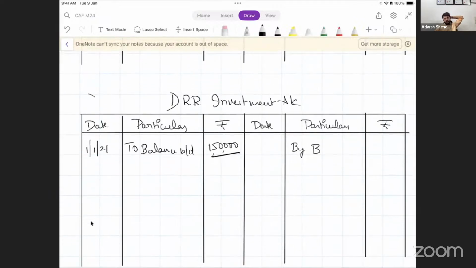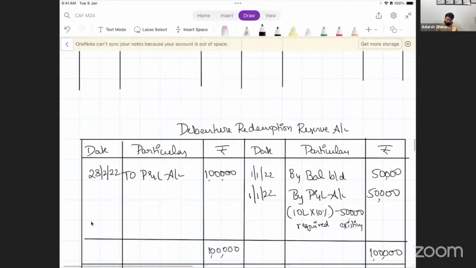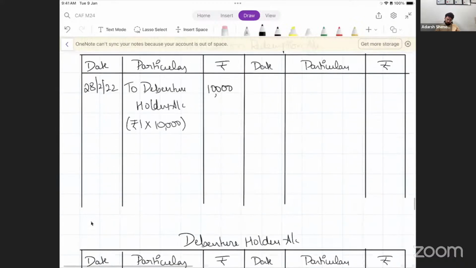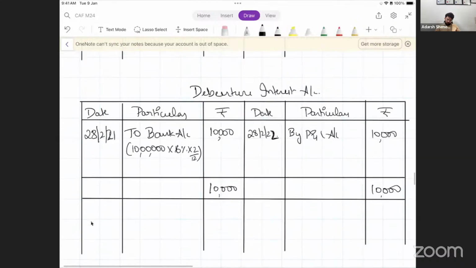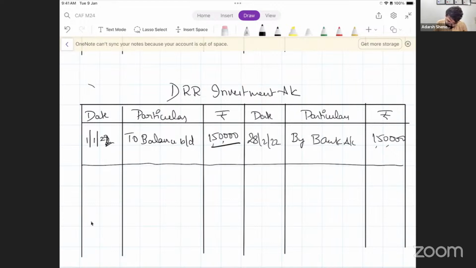Next I have to sell off the investments. The entry to sell off the investments is bank account debit to DRR investment account. So DRR investment will be credited 1,50,000. 1122, right? Why did I write 1121? Okay, 1122. This is 28 to 22 now. By bank account, 1,50,000. Done.